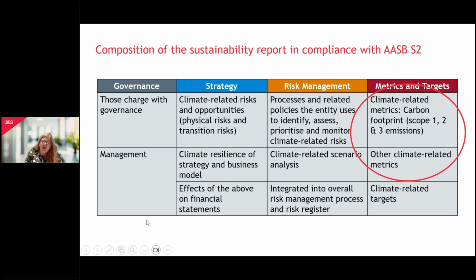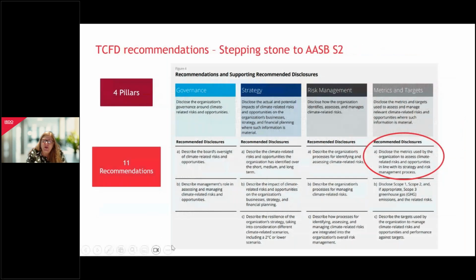So you can see here that over this year, we have journeyed through the governance pillars, the strategy pillars, the risk management pillars over recent months, and now we're at metrics and targets. The other thing to note is we know that AASB S2 is really an extension of and a further development of the TCFD recommendations.